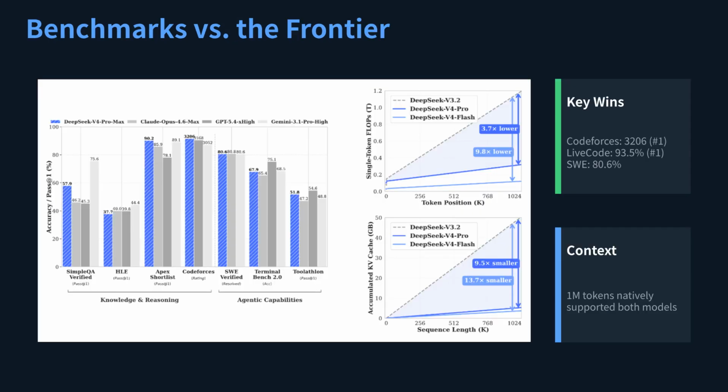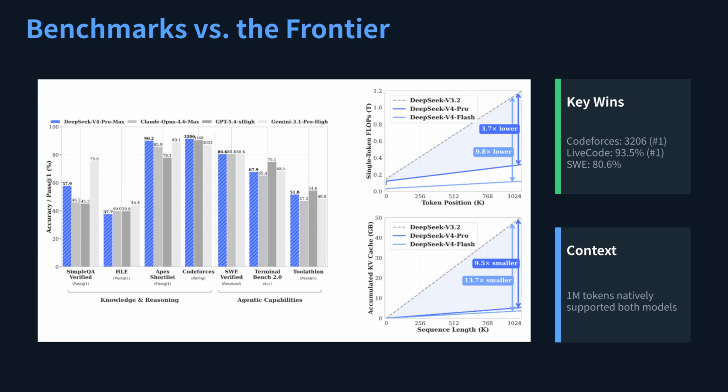You can see the benchmark comparison here. On the left, DeepSeek-V4 Pro Max goes head-to-head with Claude Opus 4.6, GPT 5.4, and Gemini 3.1 Pro across knowledge, coding, and agentic benchmarks. On the right, the efficiency chart tells the real story. As context length grows toward 1 million tokens, DeepSeek-V4 requires dramatically less computation and memory than its predecessor, DeepSeek-V3.2.